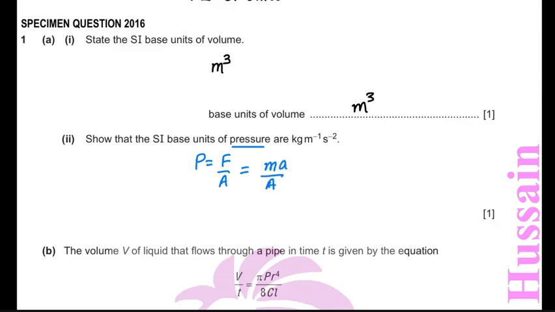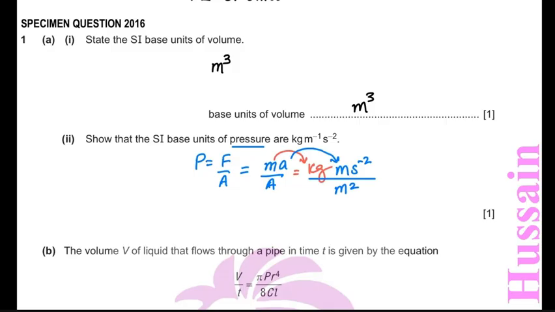Now the SI base unit for mass is kg. For acceleration, it's meter per second squared. And for area, it's meter squared.